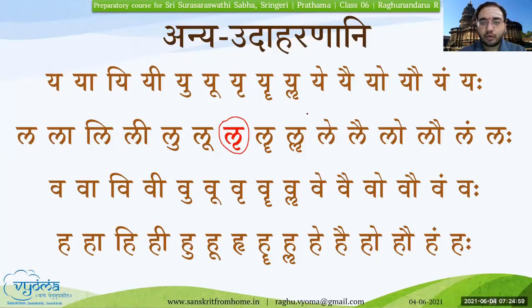So this is L. You write this L first, and then you make this C kind of a thing. This is L. And the swara L is basically one stroke only. This is L. So while writing, please ensure that you write these correctly. That is why I have shown this example here.